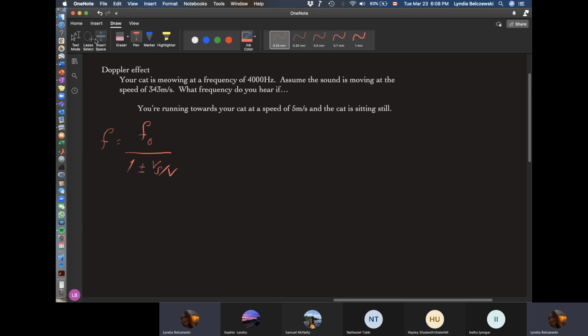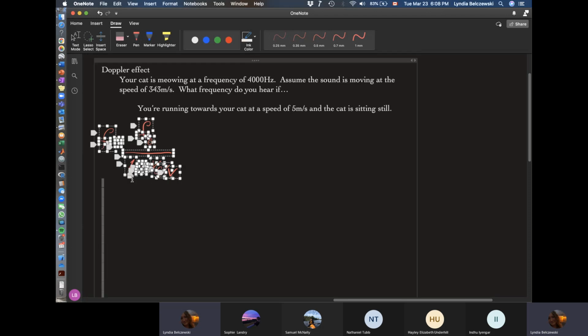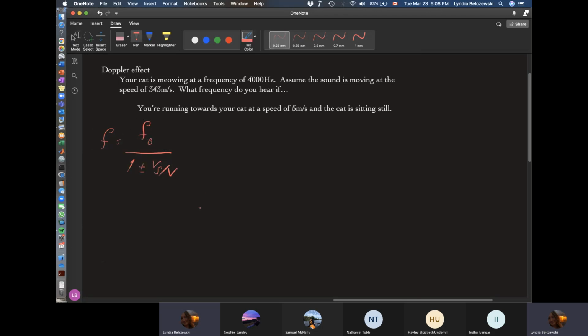And I find this confusing, this subscript. The subscript Vs, I always think, is it the speed of the source or the speed of the sound? And what this means, Vs is the speed of the source.